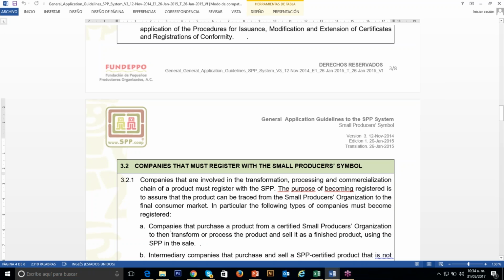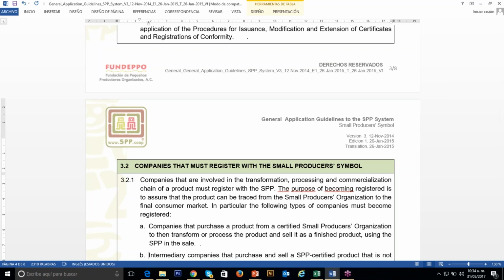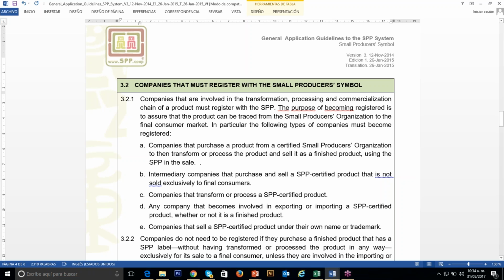Yes, it says companies that purchase a product from a certified small producer organization to then transform or process the product and sell it as a finished product using the SPP in the sale. Well, in this case, it says that they transform the product. It's not the example that you asked me.